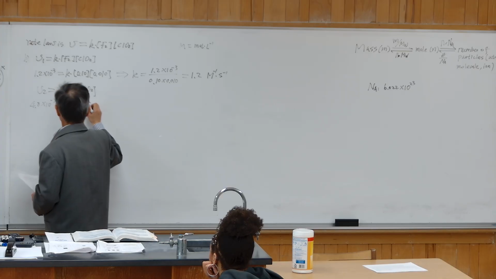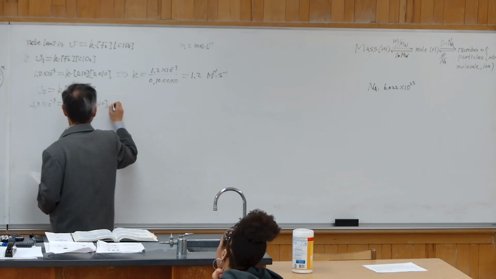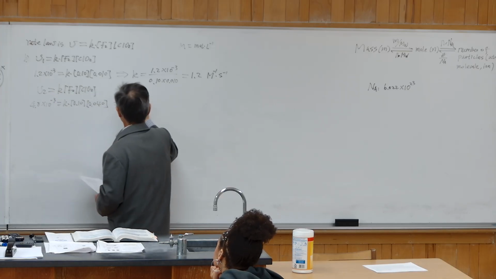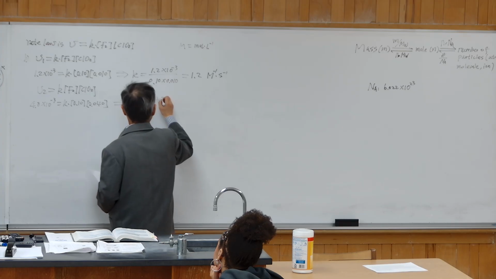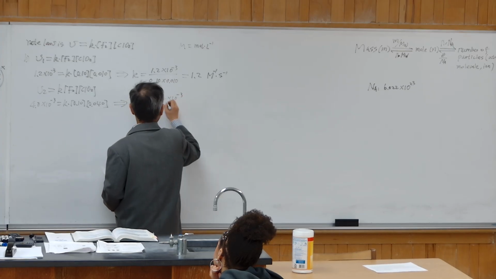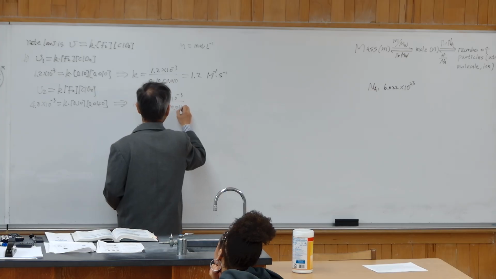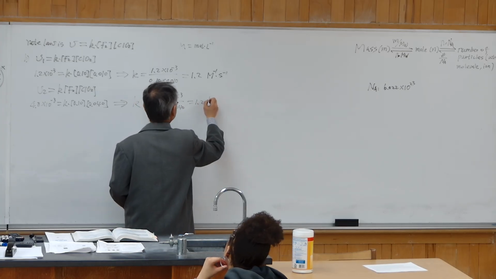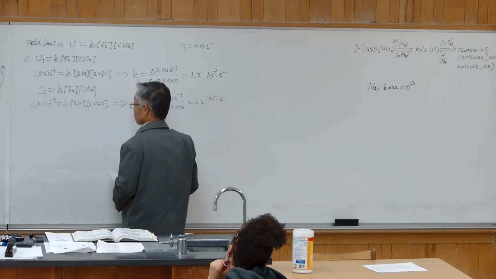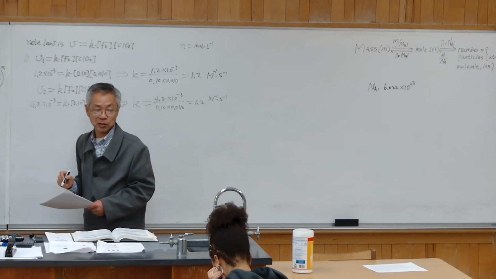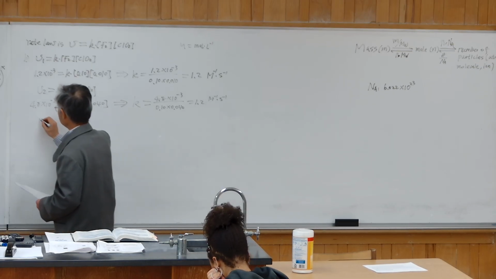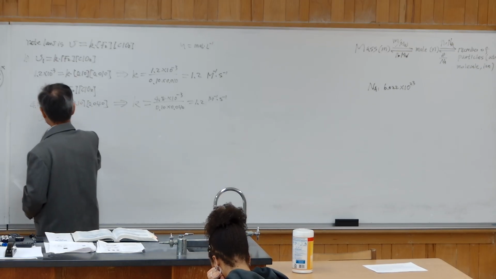ClO2 is 0.04. So k is 4.8 times 10 to the negative third divided by 0.1 and 0.04. You find it's the same. Choose experiment 2, you get the same answer. If we choose experiment 3, it's still the same.